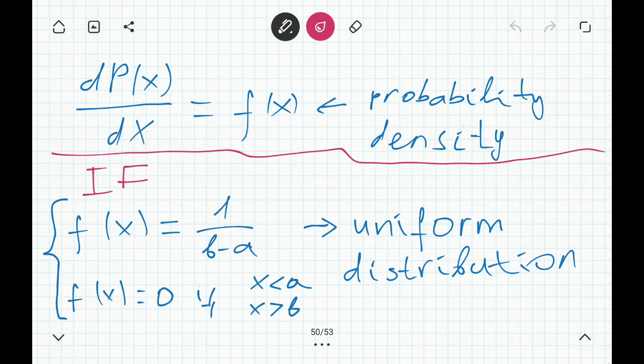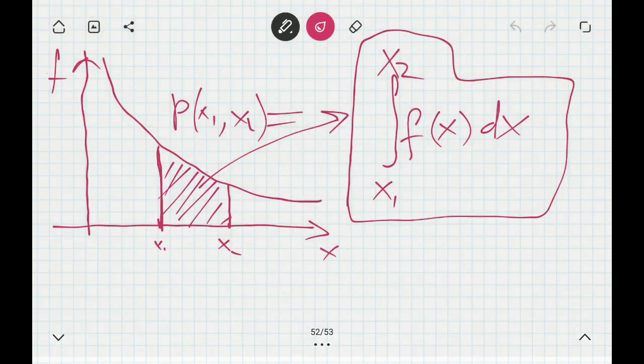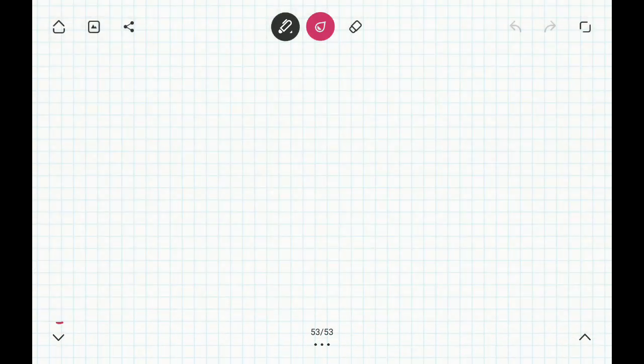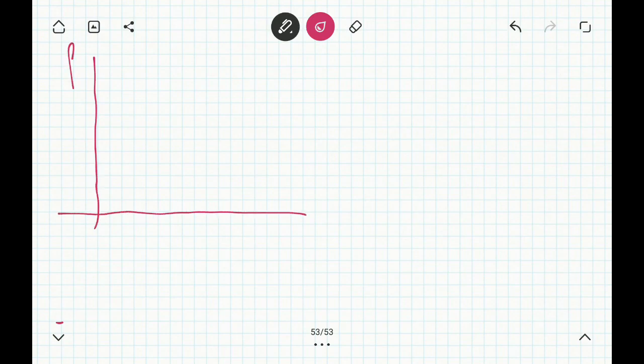And the only other continuous distribution that we will have is the normal distribution, and the density for normal distribution looks like a bell curve. So you have something like that.